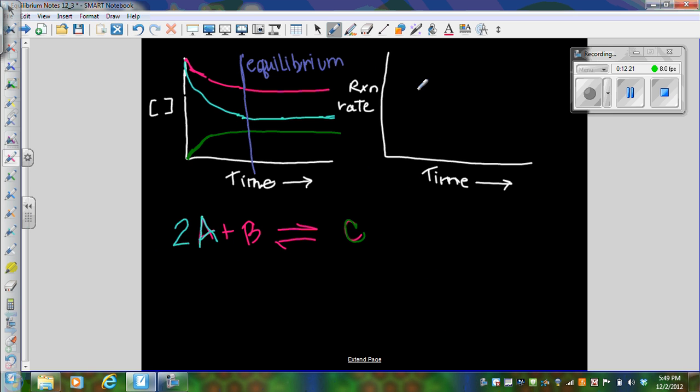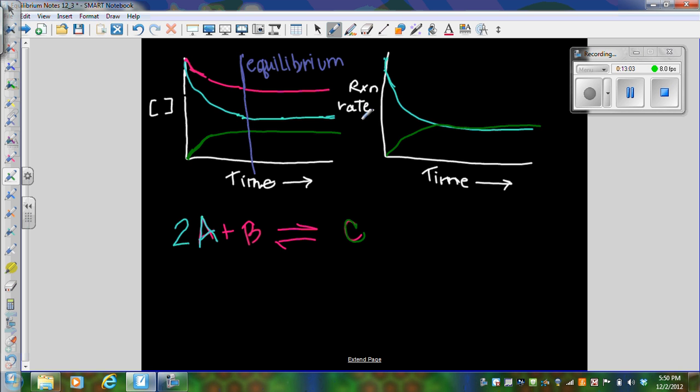So one of the things we should notice with this graph is that because we're looking at rate, when the rates of these are equal, we are at equilibrium. So A is a reactant. It's going to be decreasing over time. Let me change that and make it look more like it actually should. C is a product that's going to be increasing over time.